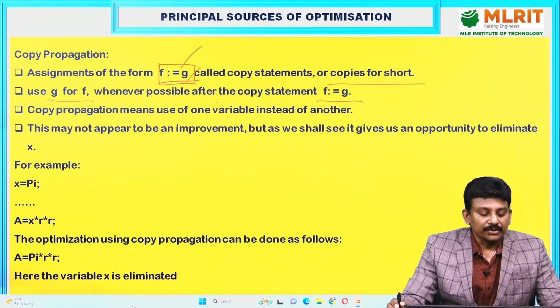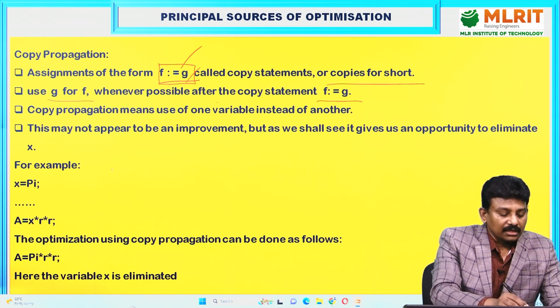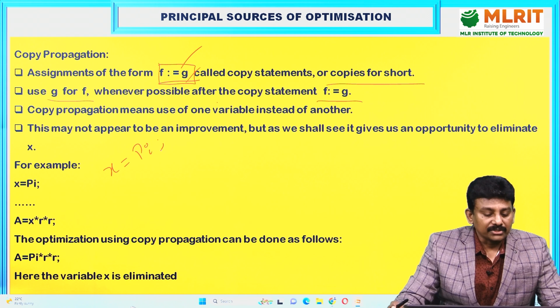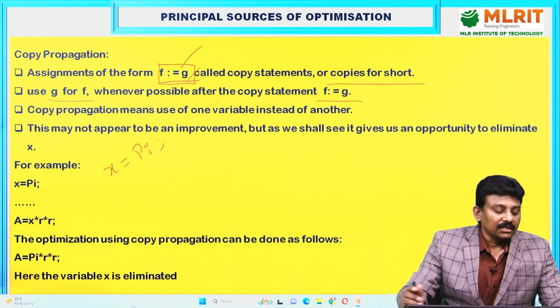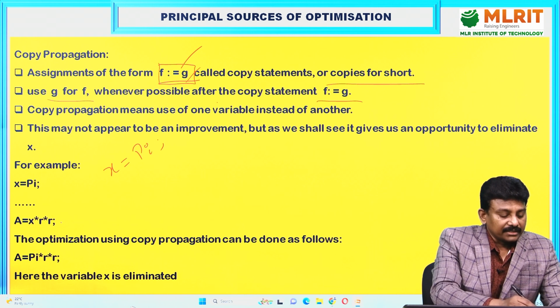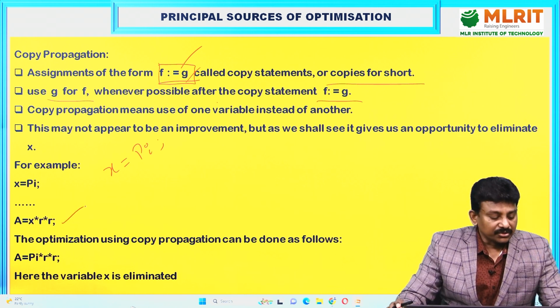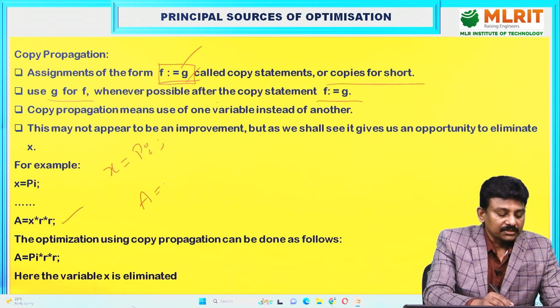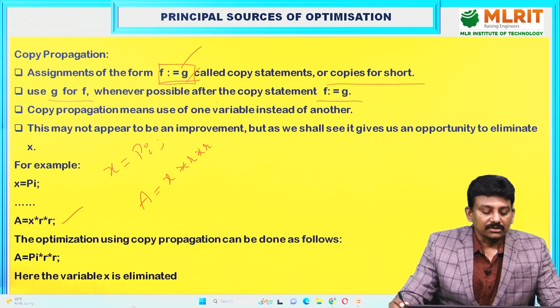This may not appear to be an improvement of the code, but as we shall see, it gives us an opportunity to eliminate variable x. For example, x is equal to pi, a copy statement, where pi is assigned to x. After some statements, we have another computation, a is equal to x into r into r.